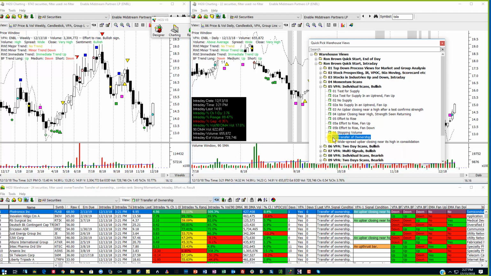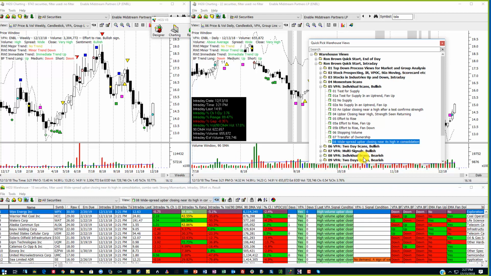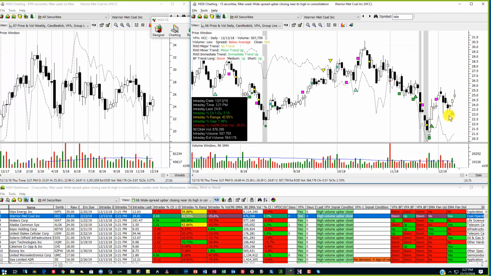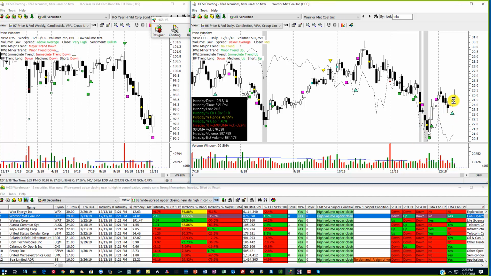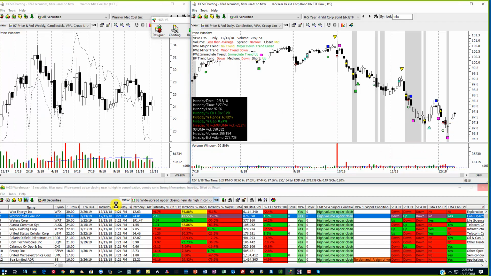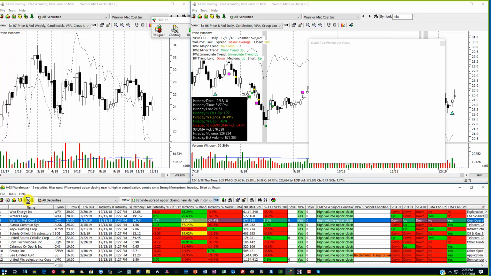Transfer of ownership, 24. These are not new. These have been in here. Now this is a widespread up bar closing near its high in consolidation. This would be based upon yesterday's candle, and that's where this is generated. You can see that this stock showed a widespread up bar closing near its high.